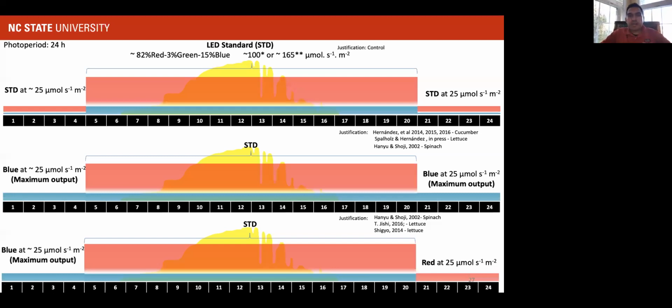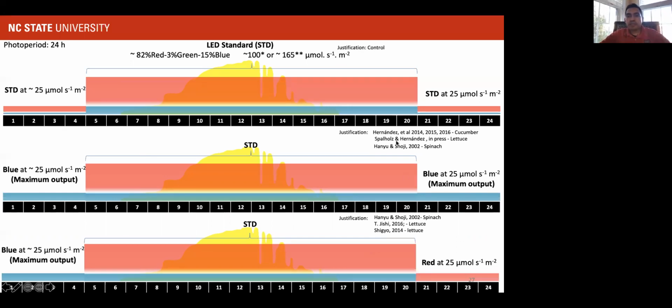And then we had that on through the day to increase the overall daily light integral. And then we had it drop to 25 micromoles, and I'll tell you in a minute why, through the night. Then we had another treatment where we had the same standard spectrum as the first treatment through the day, but during the night, we only gave it 100% blue. Our hypothesis was if we can have that response of stretching the leaves with 100% blue and changing the angle, we may perhaps increase growth.